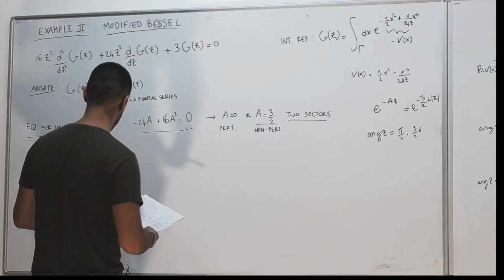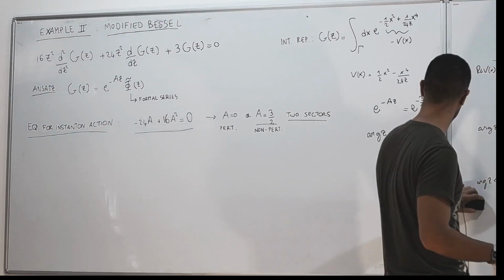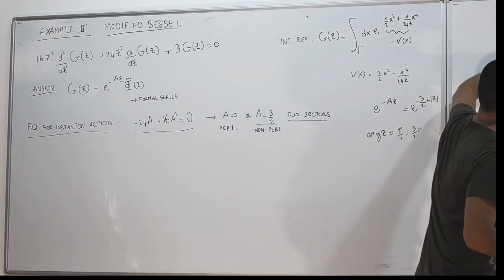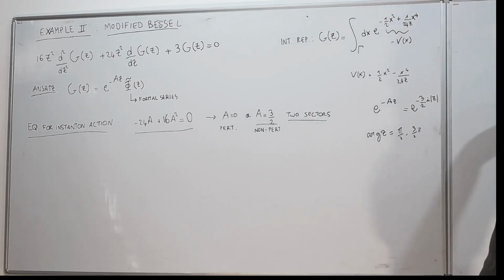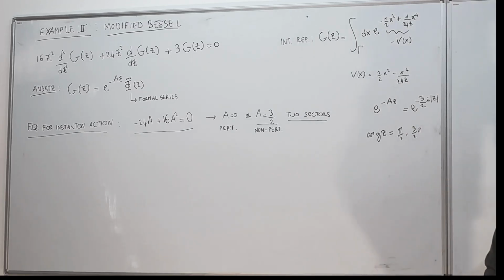Okay, so after this digression on the integral representation, I have to make another little digression, but I don't want to tell you too many details because we will not need them.